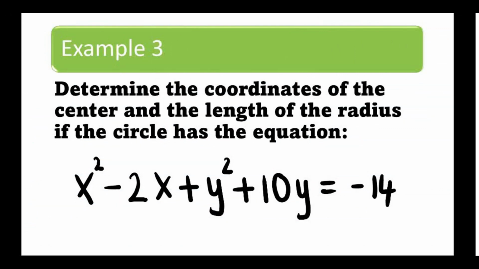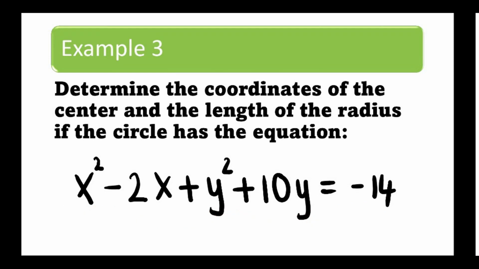The next example says that we need to determine the coordinates of the center and the length of the radius if the circle has the equation x squared minus 2x plus y squared plus 10y is equal to negative 14.